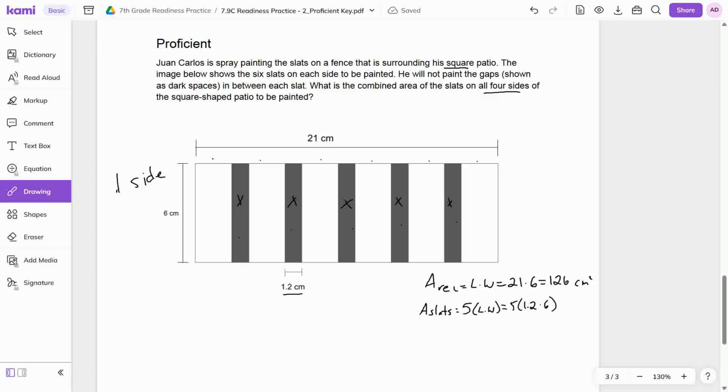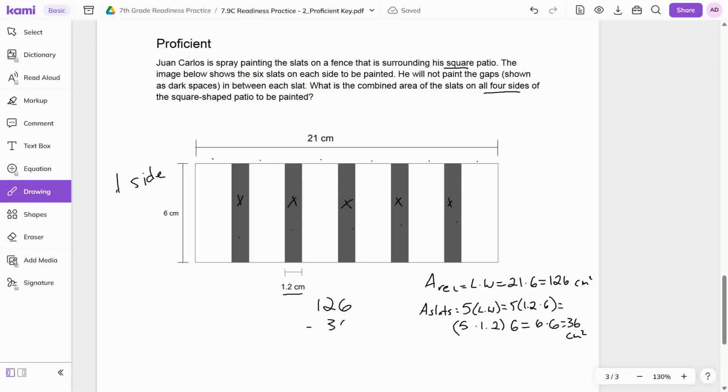So I've got 5 times 1.2 times 6. Now, you can multiply 1.2 times 6, then multiply it by 5, but you can use the associative property. I'm going to regroup these, because I know 5 times 1.2 is actually 6. So now I'm just dealing with 6 times 6. So that's 36.